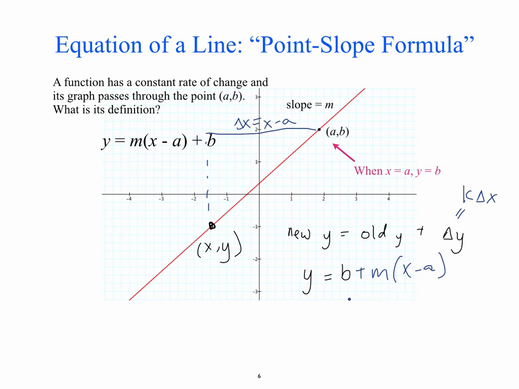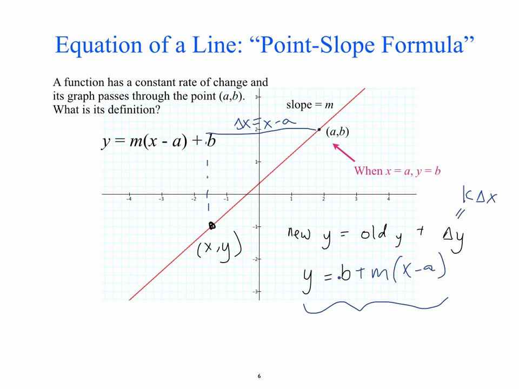So if you've been one of those people who just absolutely loved y equals mx plus b, here's my argument for ditching it. If we look at this point slope formula, that's the name given to this version of the equation of a line, everything here has a meaning. This y value is representing a new y value that I might care about.